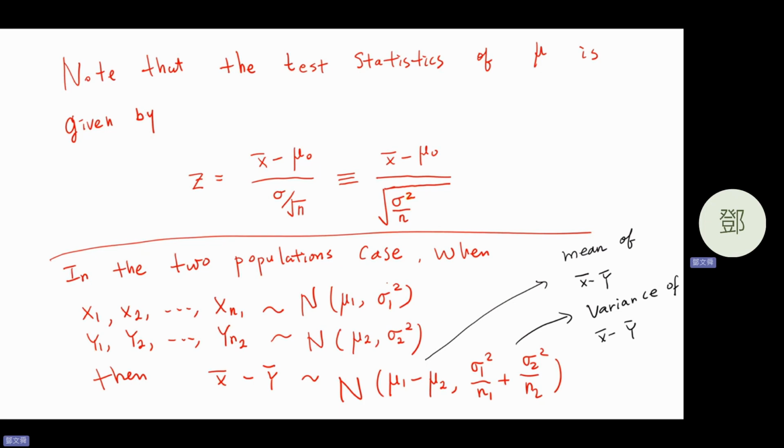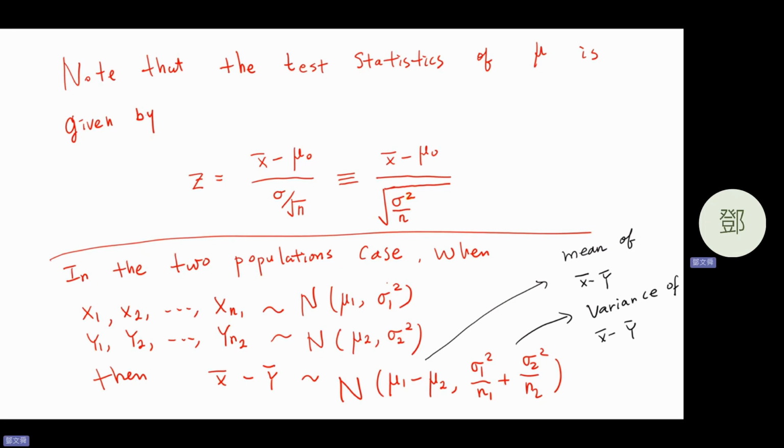I prefer this now because when it is one population, it is sigma squared over n. But when it is two populations, then we have sigma 1 squared over n1 plus sigma 2 squared over n2.